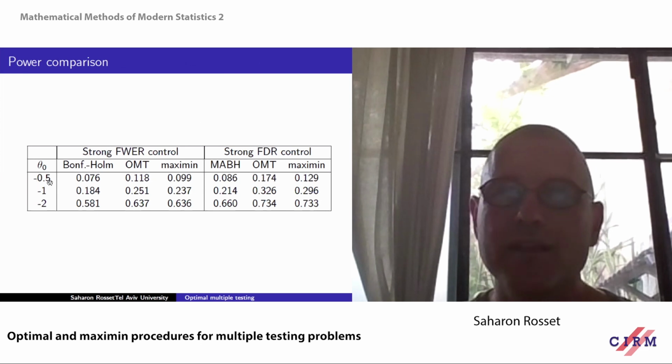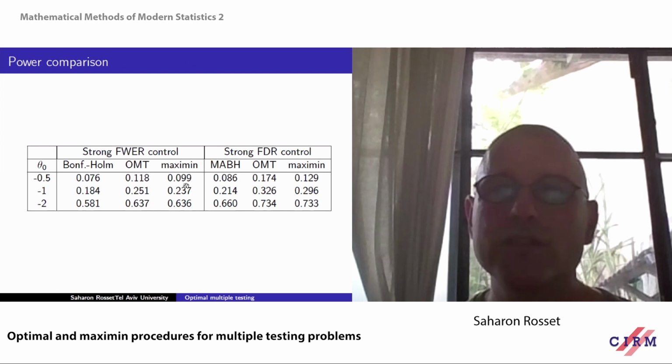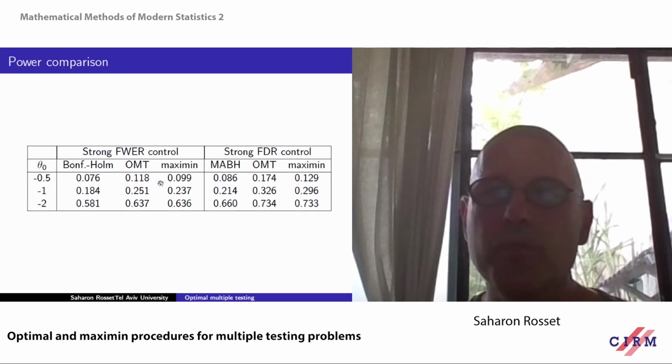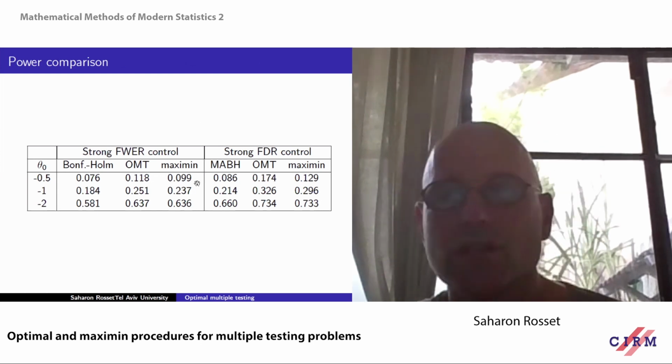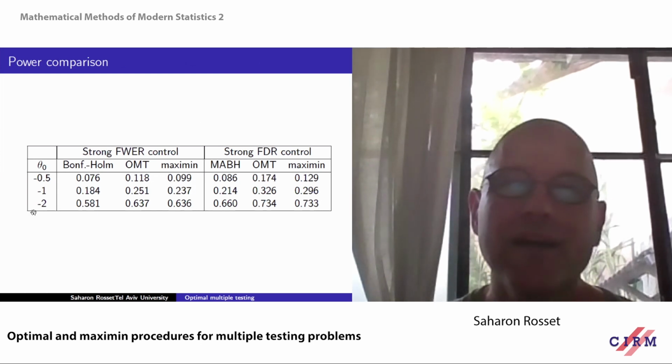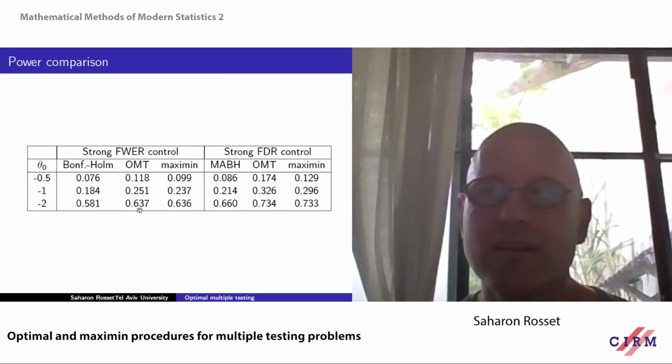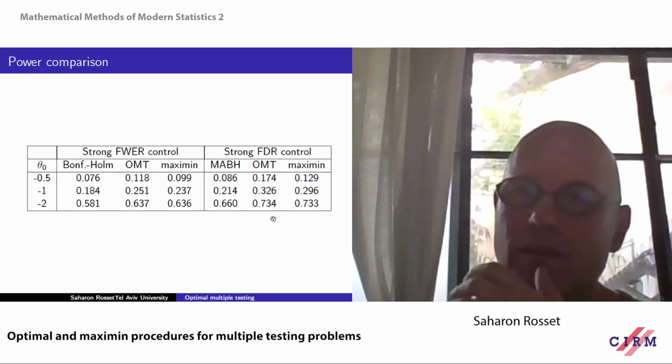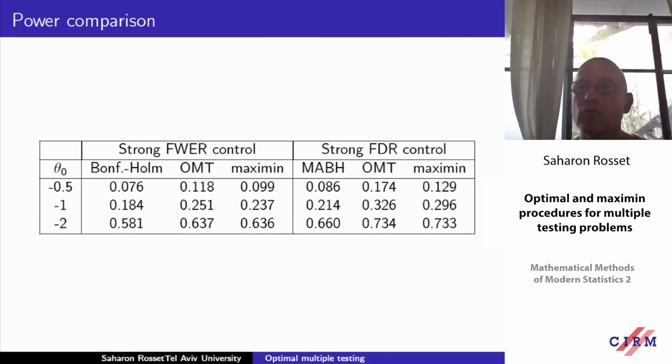So, for example, at -0.5, we see that by moving from the simple optimal to the maximin, we do lose quite a lot of power. At -2, the last row, we lose very little power. And this is consistent with the fact that the rejection regions look quite similar. But still, everything is obviously more powerful than the existing alternatives because it's guaranteed to be more powerful.